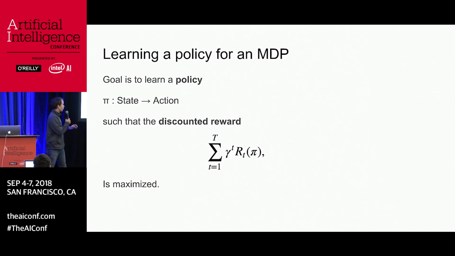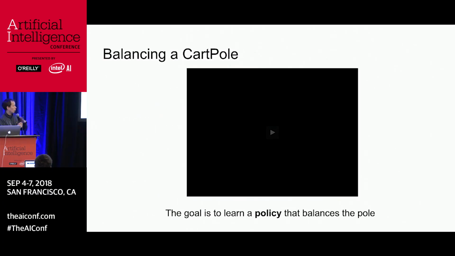And depending on what the angle of the stick is. So how does this look? So the state space in this case would be the position, the velocity of the cart, the angle of the pole, and the angle velocity of the pole.